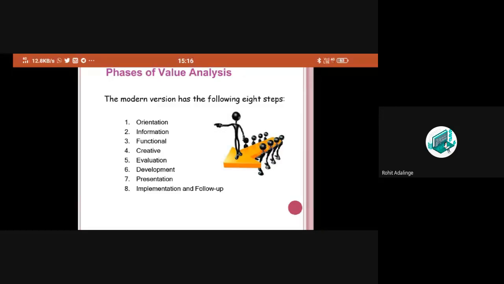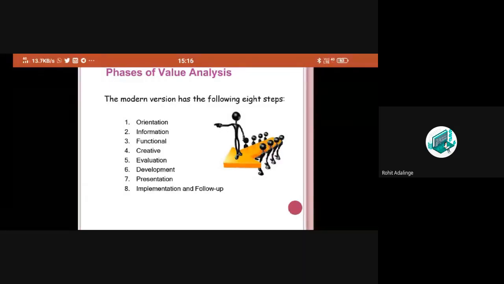The modern version has the following 8 steps.